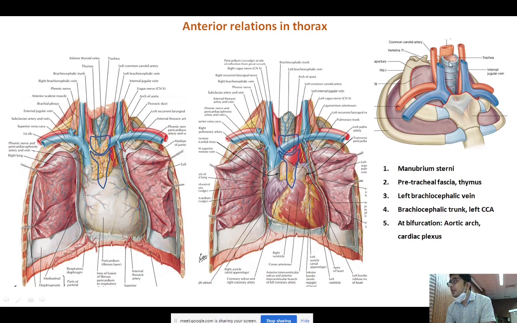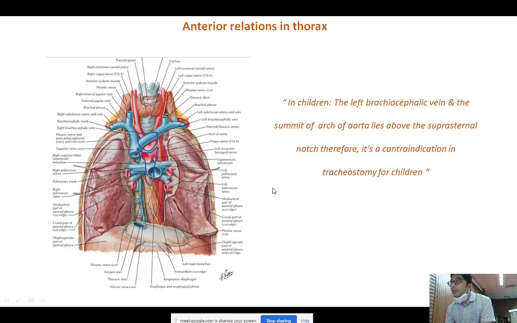You can see the trachea, posteriorly the esophagus. The left brachiocephalic vein meets it here in front, okay? Here the brachiocephalic trunk only will come in front of it, and lower down the aortic arch. Now in children, what happens? The left brachiocephalic vein and the summit of aorta.